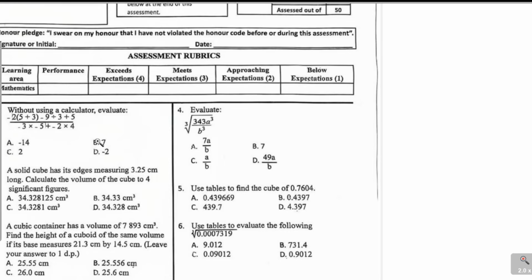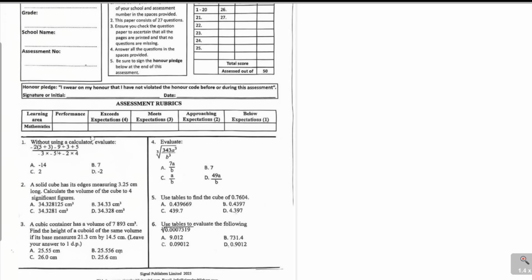So the instructions are very clear. Without using a calculator, you're supposed to ensure that all the workings are there. Ensure that you do all the workings manually. In case there is evidence of the use of a calculator, you are likely to lose a mark for this.